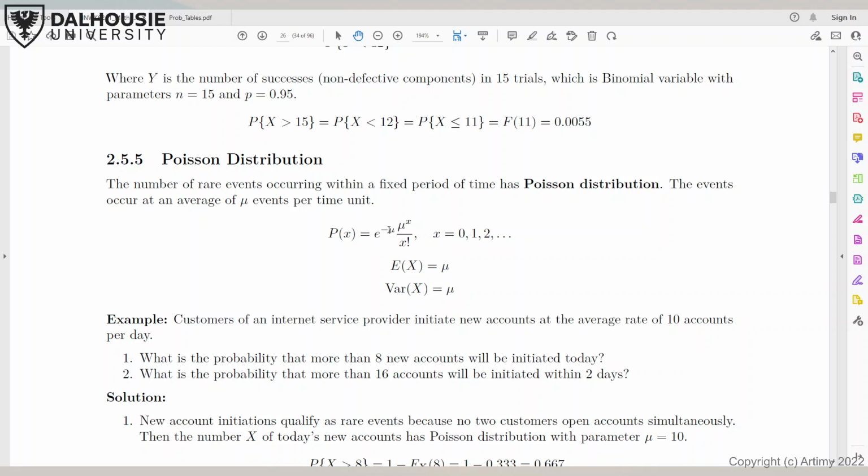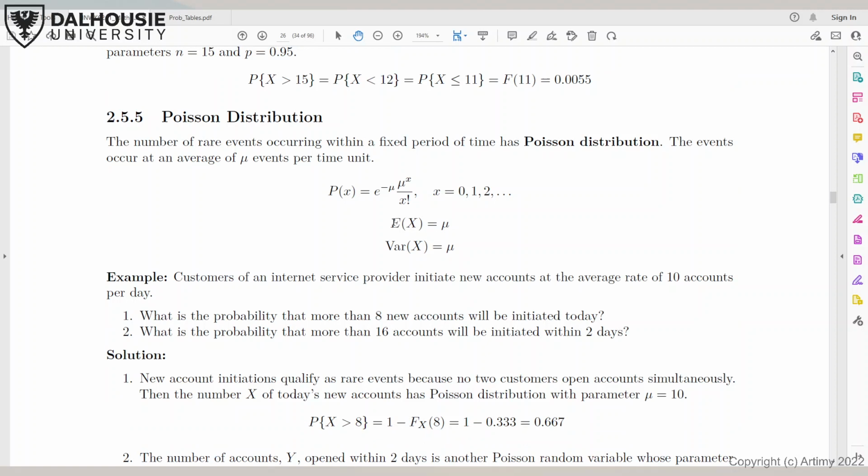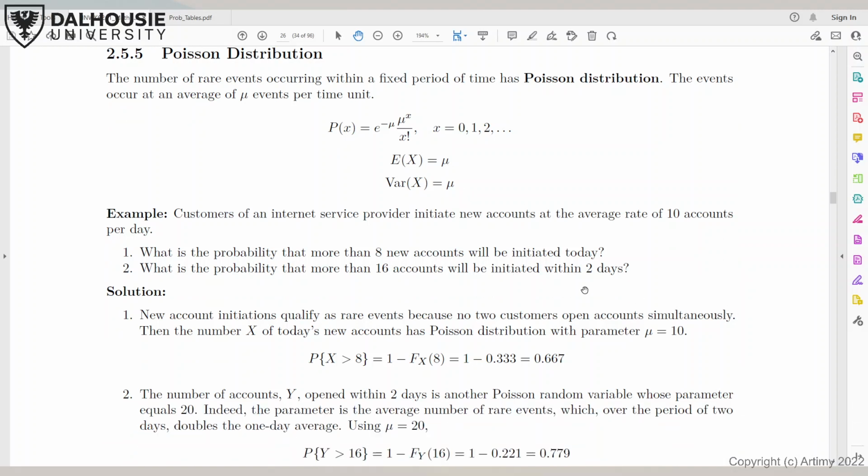But instead of looking for the probability of an event happening, we're looking for the average number of events per unit time. That also makes the expectation the same as mu and the variance the same as mu. So that's easy to remember, right?